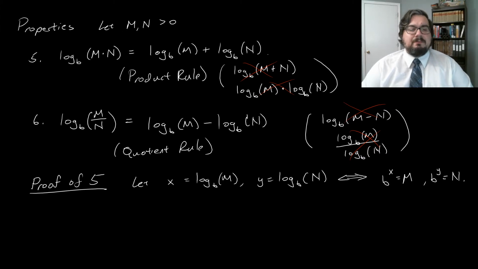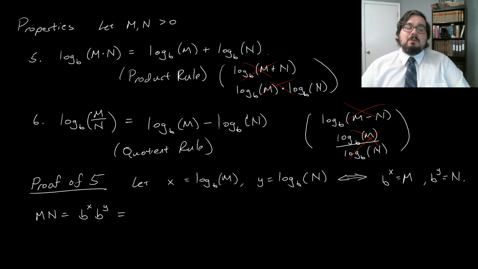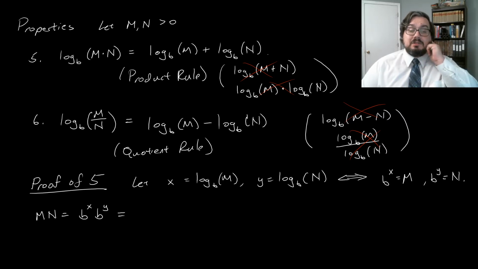Now, the formula in property 5 involves m times n, so let's see what happens if we multiply m and n together given these expressions. We have that m is b to the x, and n is b to the y. And now we're going to use the property of exponents, that is the exponential form of the product rule for logarithms that we have up in property 5. b to the x times b to the y is equal to b to the x plus y.